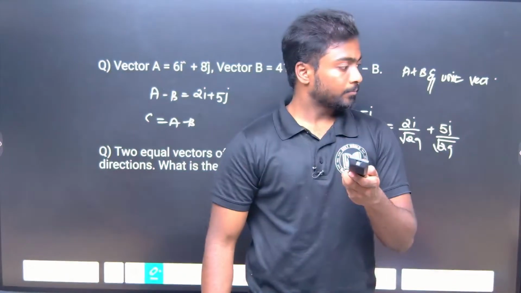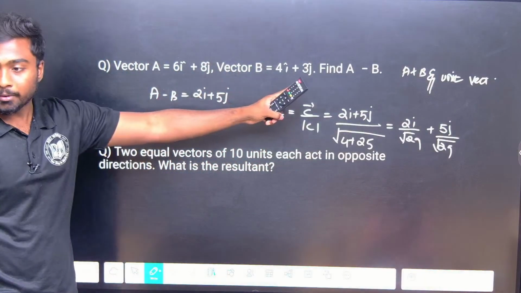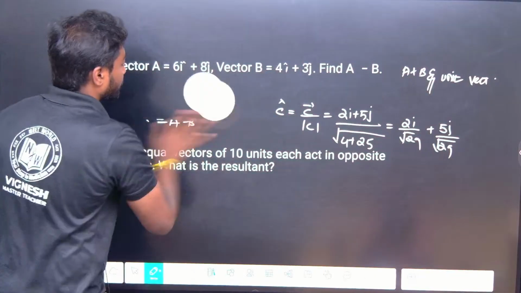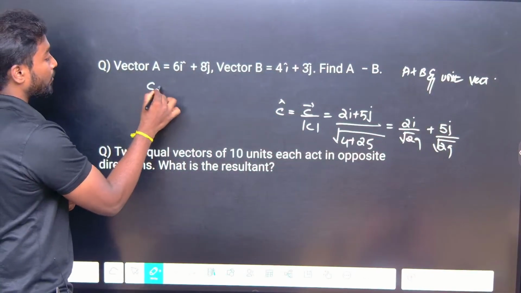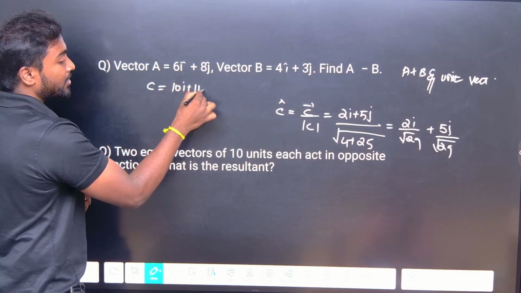Can you do A plus B and unit vector? A plus B and unit vector. 10i plus 11j. Now what I should do? Yes, 10i plus 11j. So C will be equals to 10i plus 11j.